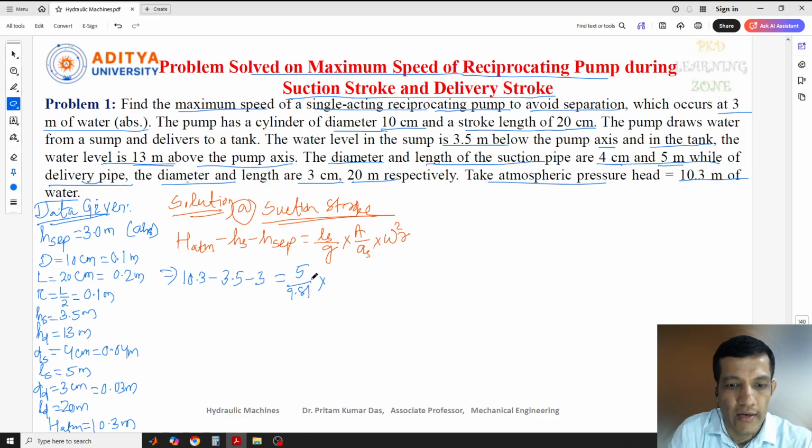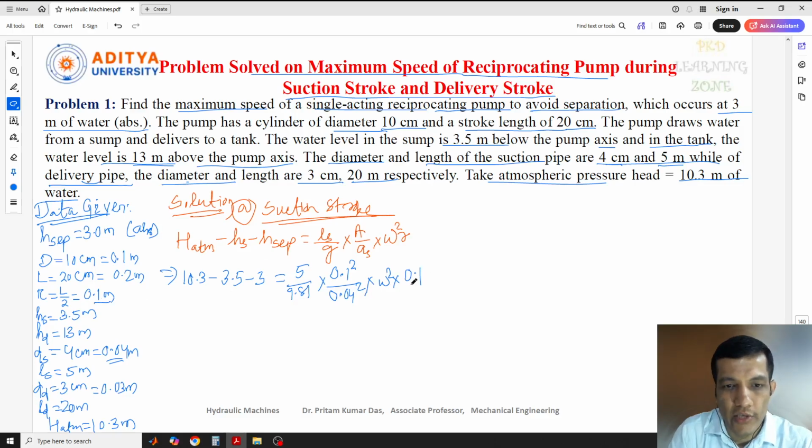Here capital D is 0.3, so I can write 0.3 square, and a_s is the area of the suction pipe, whose diameter is given as 0.1, so here we write 0.1 square, because pi by 4 cancels on both. Now into omega square into r equal to how much? r we have also calculated here as 0.1.